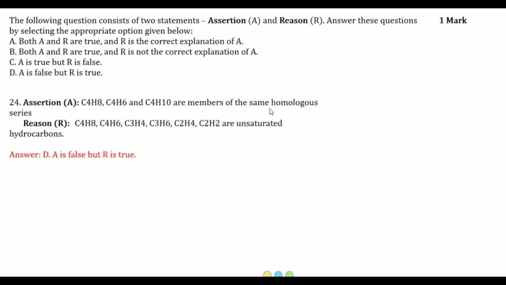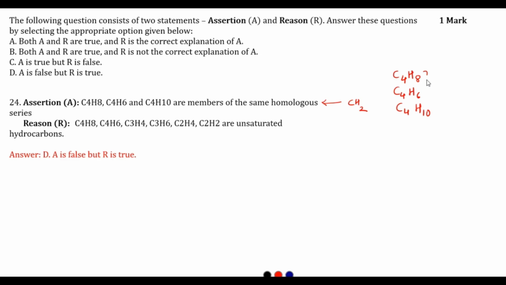So what is a homologous series? Homologous series means the series in which all the compounds have a difference of a CH2 group. The successive members of a homologous series should have the difference of CH2. That is the main explanation of homologous series. Now our compounds are C4H8, C4H6 and C4H10.